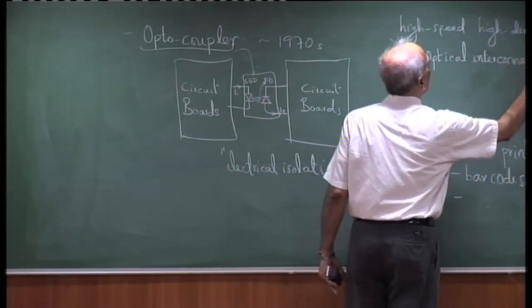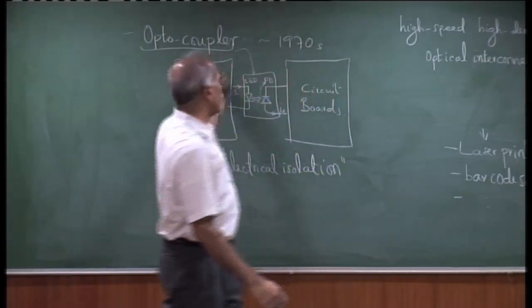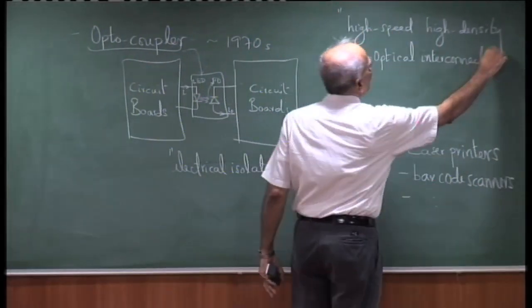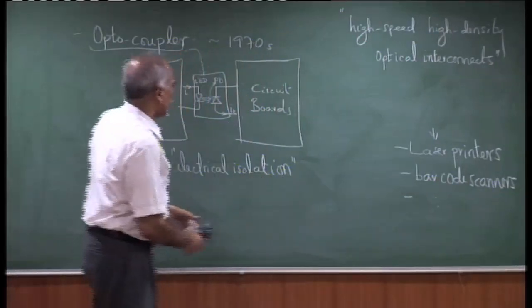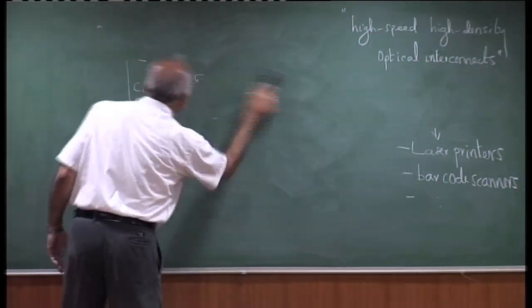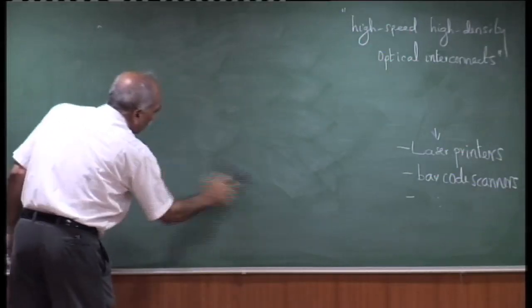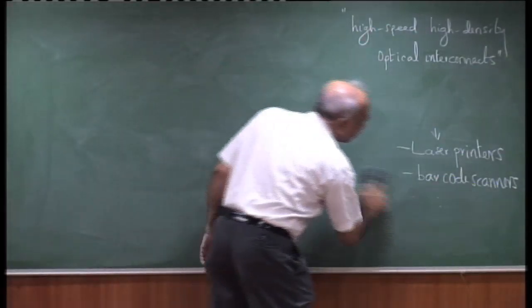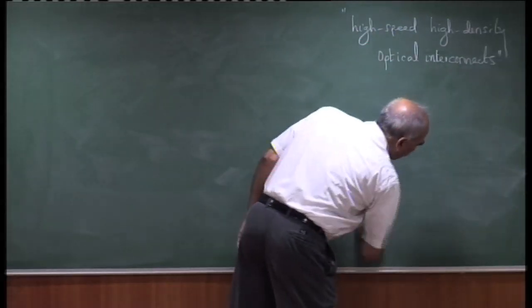For this reason, I thought of mentioning this earliest simple device, the optocoupler, because there is a renewed interest in this kind of coupling between two circuit boards which handle very large, high speed optical interconnects.